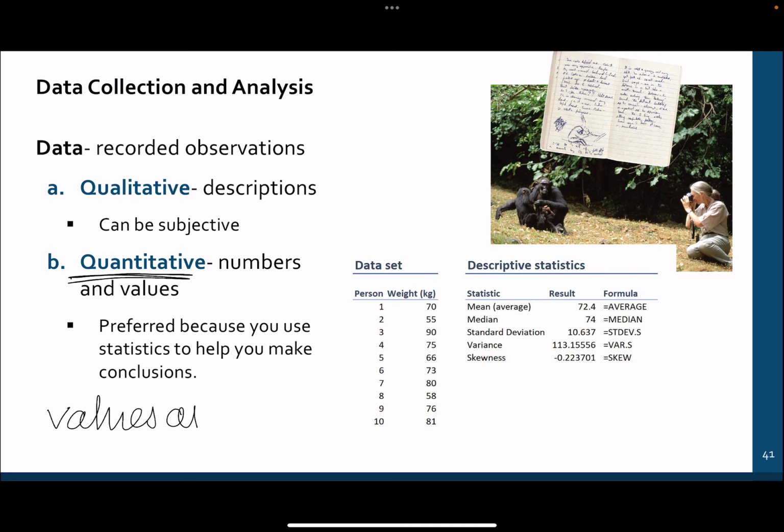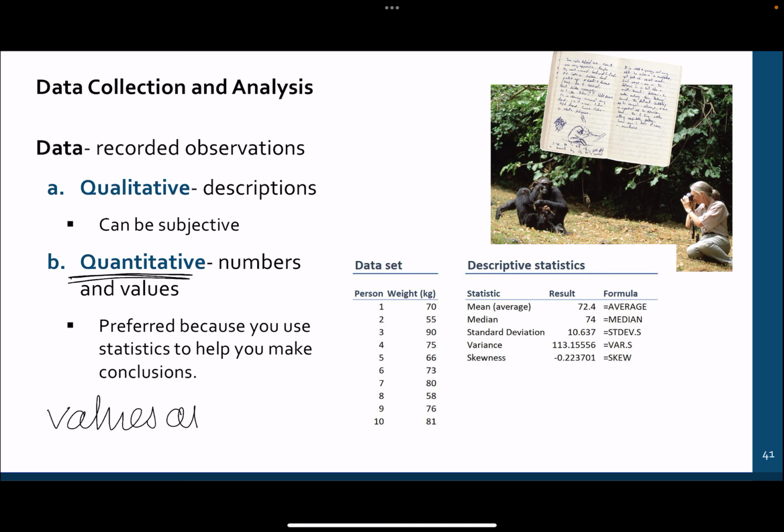Meaning we can use statistics to tell us if we have a change that we can indeed call a change from our normal or our control group, and that we can use in order to support or reject our hypothesis. So as we're thinking about designing our experiments, we really want to try to get measurable values.